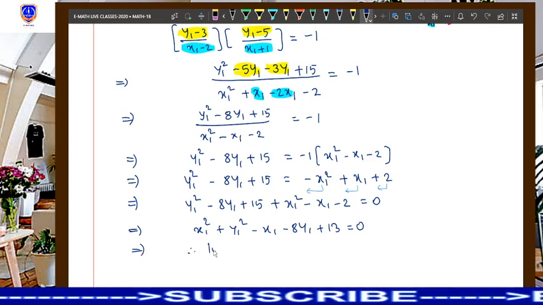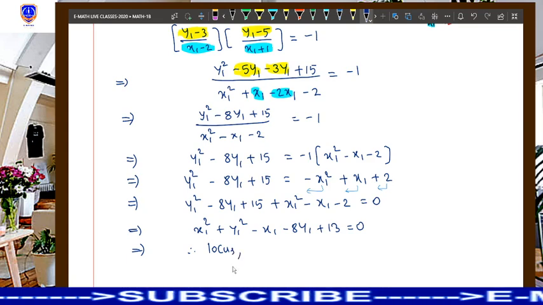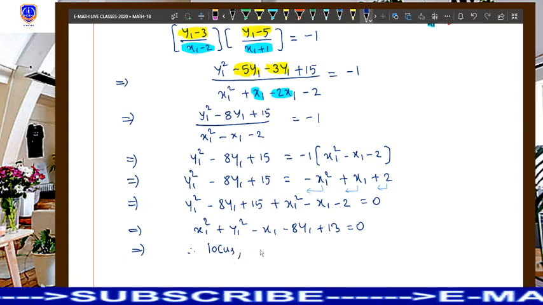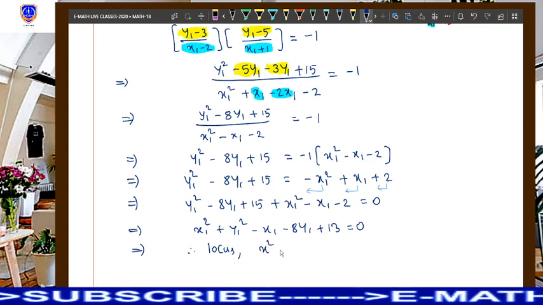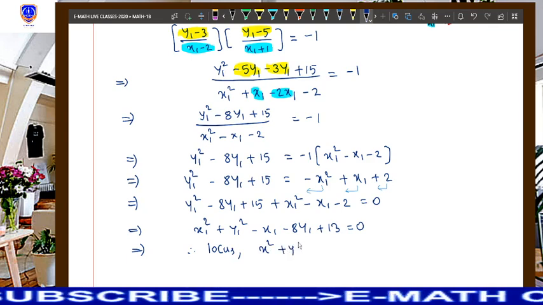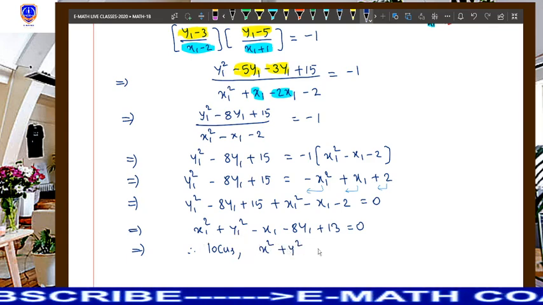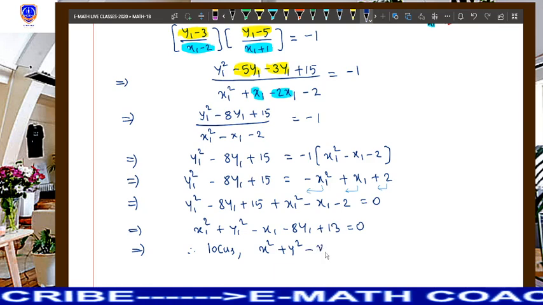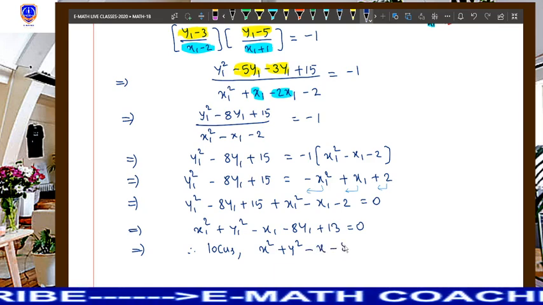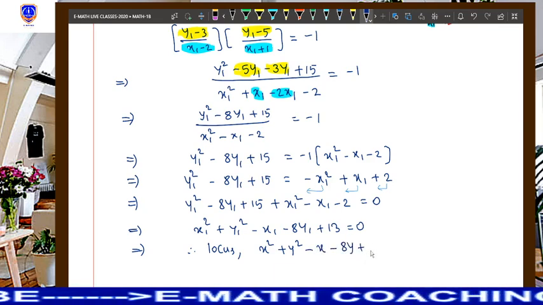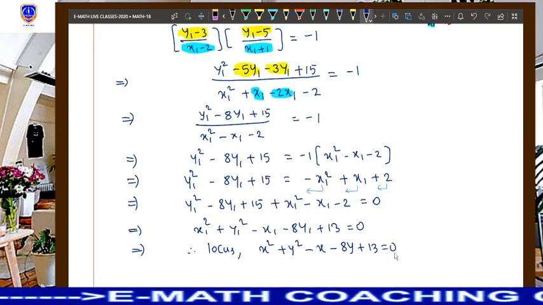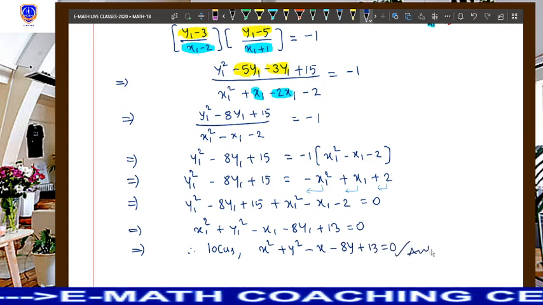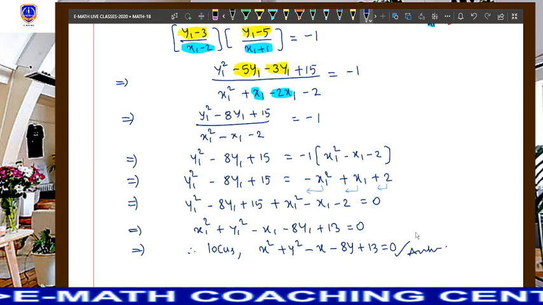Locus means you have to replace x1 with x, y1 with y, so x square plus y square minus x minus 8y plus 13 equal to 0. Okay, this is the answer.